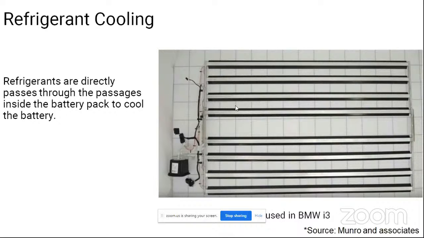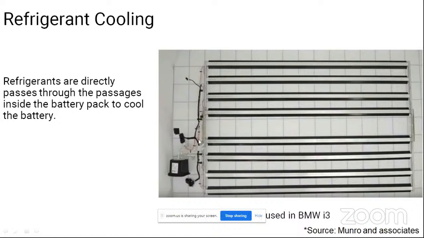How is it happening? Here, batteries are not shown; only passages are there, and between each two passages, batteries are there. See, this is the unit coming from the HVAC system, and there are small tubes. From these small tubes, the refrigerant comes and flows like that, and then again it is collected here and goes back to the refrigeration system.